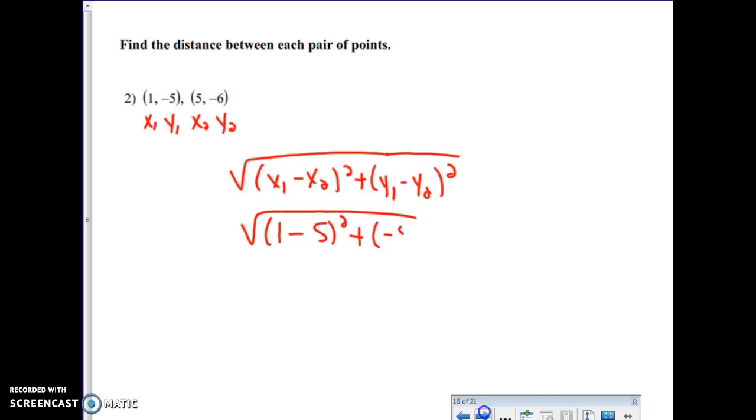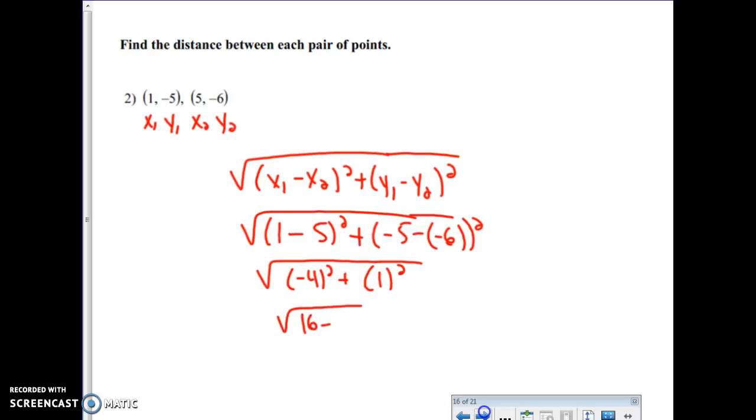And then I'm doing -5 minus -6 squared. 1 minus 5 is -4. And then -5 minus -6 is 1. So I got 16 plus 1, which is the square root of 17, is the distance.